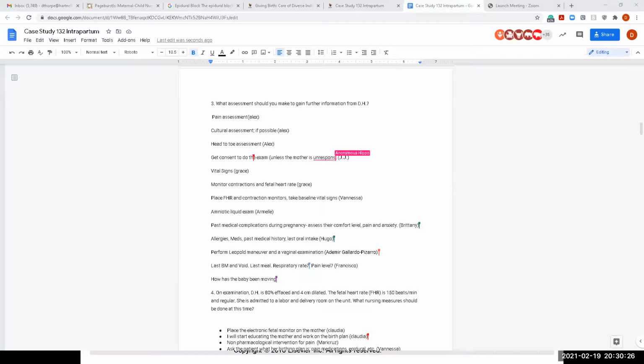So going back to what we talked about in the PowerPoint, you know that this is a mom that's a multip. So you know she doesn't have to start from 0 or a dimple. She could start at 2.